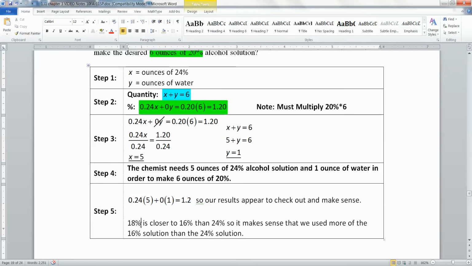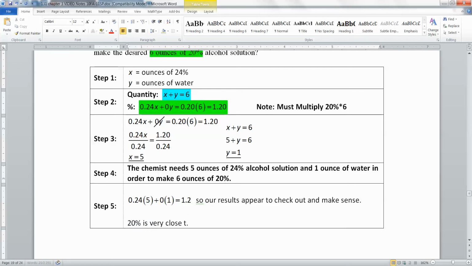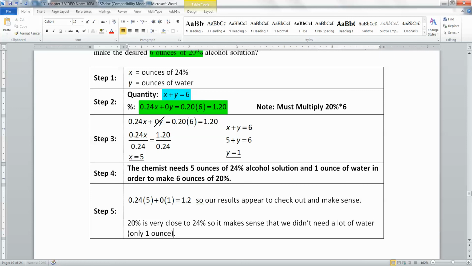But let's also think about it this way. 20%, which is what we want, is really close to 24%, right? It's very close. So it makes sense that we didn't need a lot of water, only 1 ounce, to dilute the 24% solution down to the desired level.